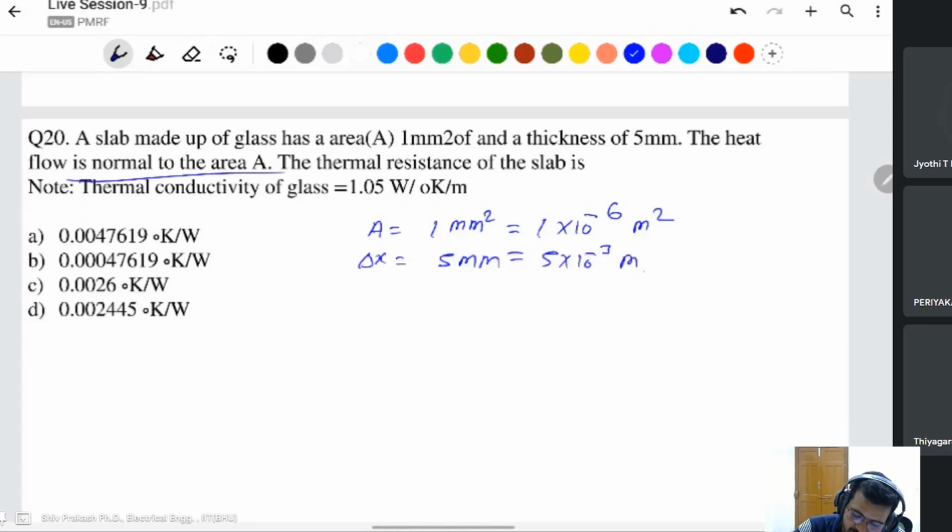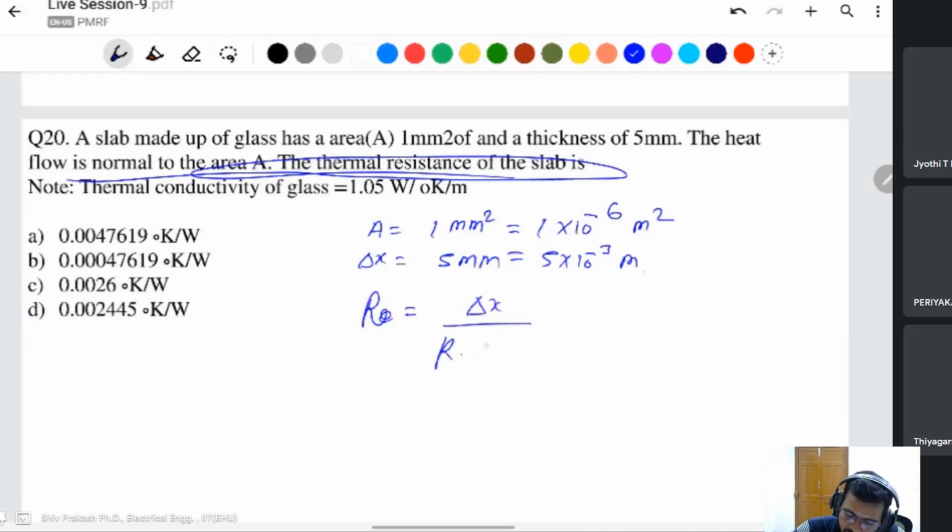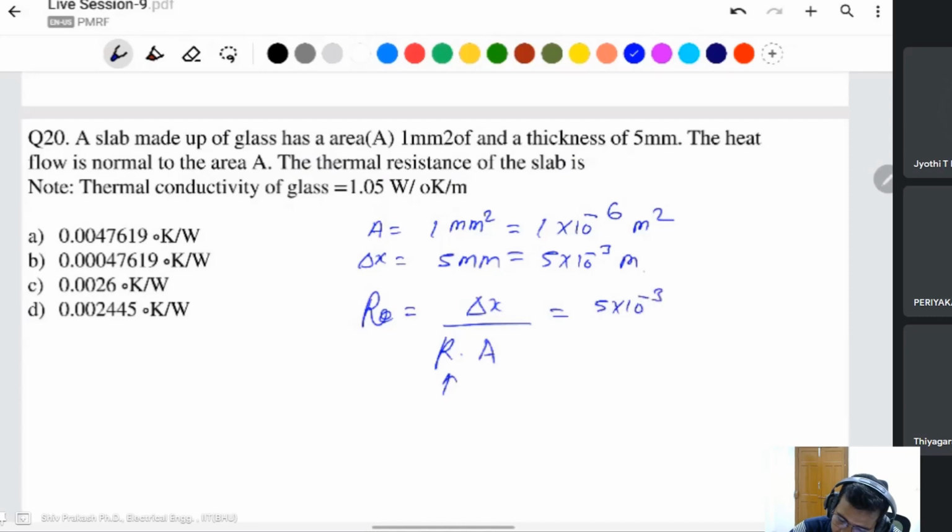The thermal resistance is also R theta, delta x divided by k, thermal conductivity, into area. Thermal conductivity of glass is given as 1.05 watt per degree Kelvin per meter. Delta x is 5 into 10 to the power minus 3, divided by 1.05, and area is 1 into 10 to the power minus 6.